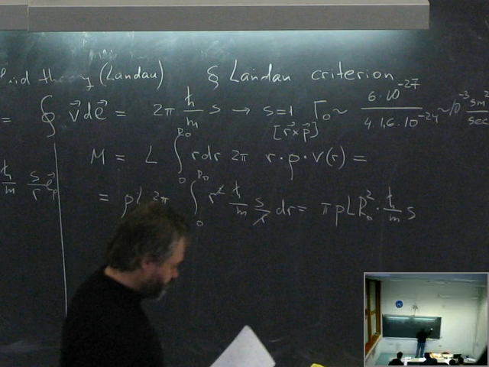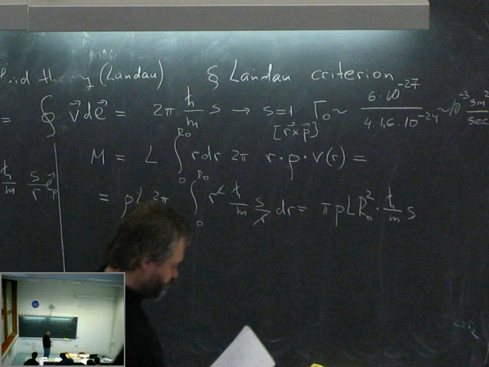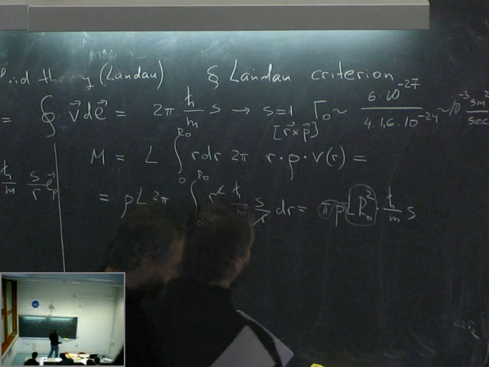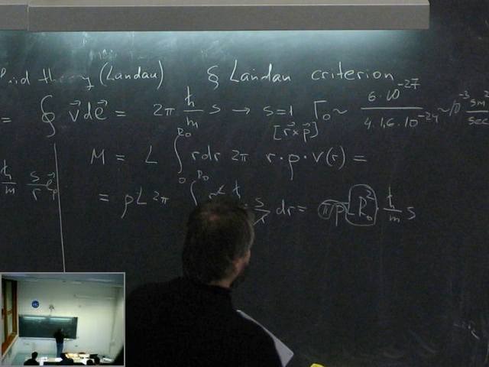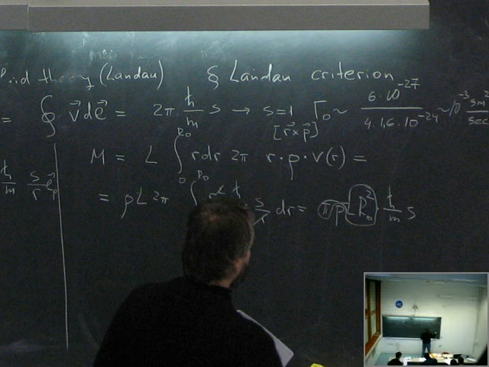So this is volume, and rho times volume is the mass of liquid. Mass of liquid divided by mass of single particle in the liquid is the number of particles.